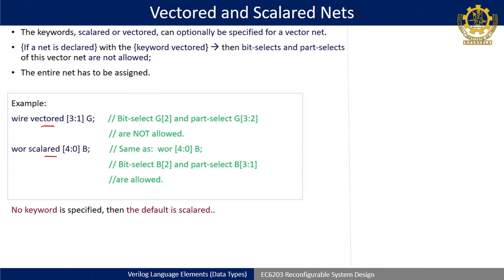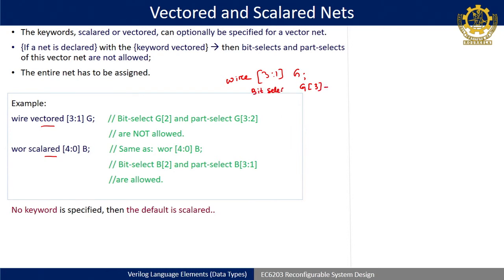What happens when I define a vector, let us say here g is [3:1] g. I have defined this as a vector. Coming to our old concept, if I write g[3], it is possible. This is called bit select.